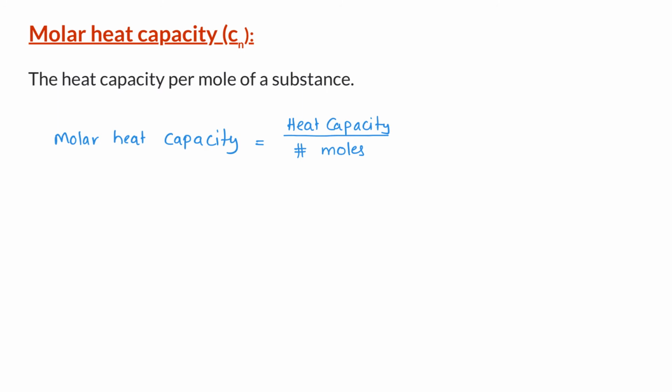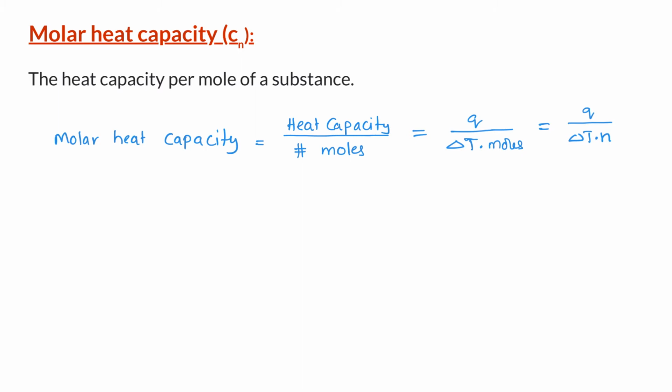And we can replace heat capacity with Q over delta T. Therefore, molar heat capacity Cn is equal to Q divided by delta T times n, where Cn is the molar heat capacity, Q is heat lost or gained, delta T is temperature change, and n is the number of moles.